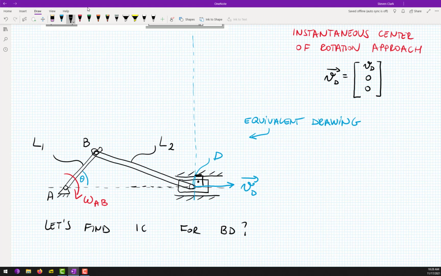Anybody else want to go for the other point and the other velocity vector? John? Exactly, you said that VB will be perpendicular to AB.